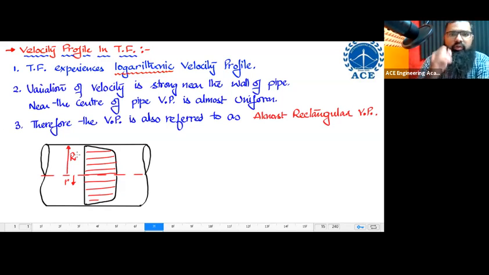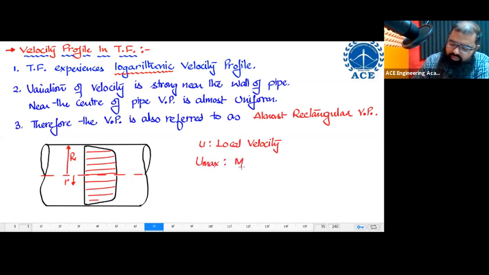Now I'm going to mention some formulas of velocity profile. But before that, let me mention some nomenclature. You are having U, which is known as local velocity. U maximum is your maximum local velocity, centerline velocity.